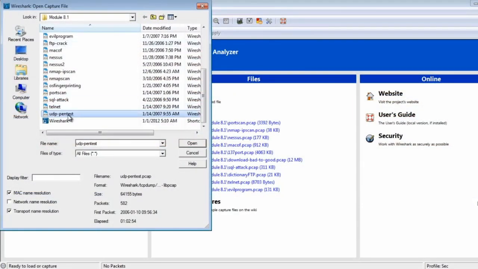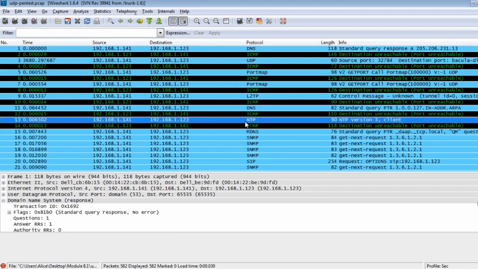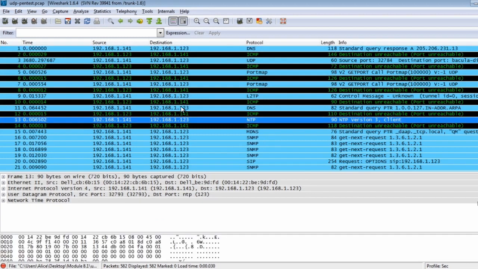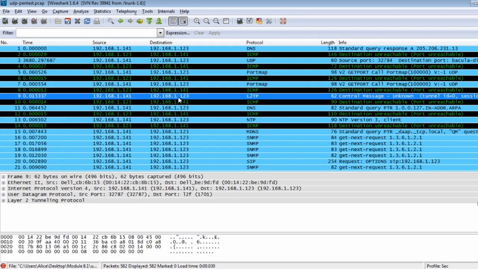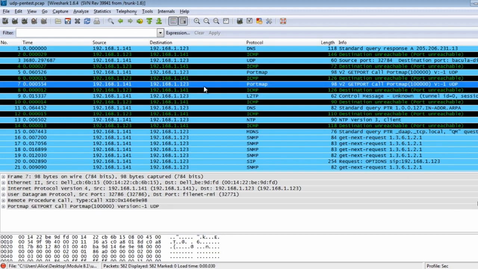Let's examine the UDP scan. Because UDP is a stateless protocol, we do not expect a positive response. This is a broadcast protocol. The packets are sent, but there is no certainty whether they got through and are received.